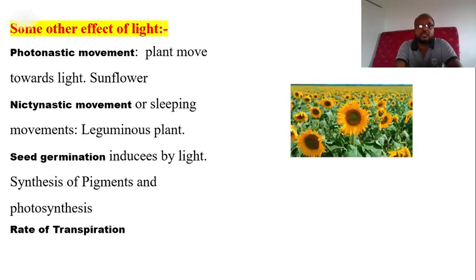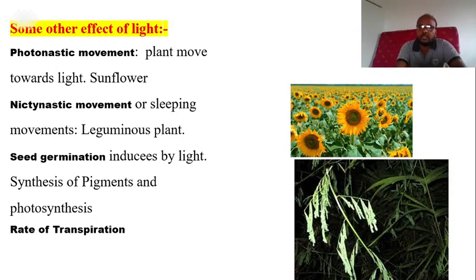For example, the sunflower: its flower is directed where the sun is. Then there is nyctinastic movement, also called sleeping movement. In certain leguminous plants, the leaves are folded during the night period, that means when there is low light intensity.